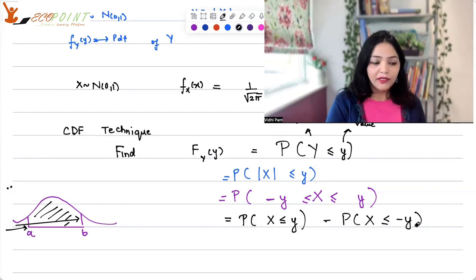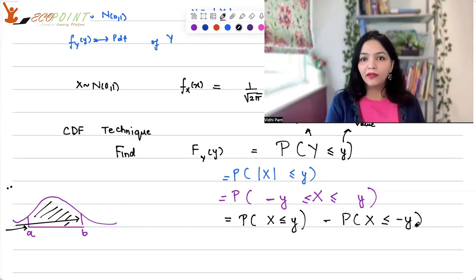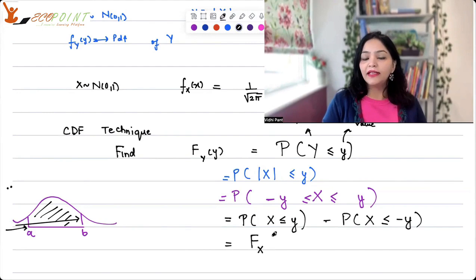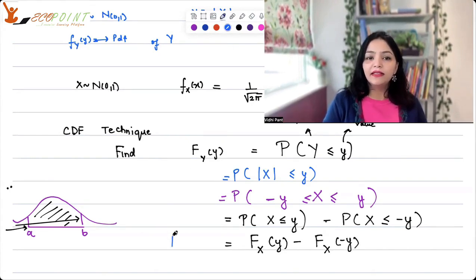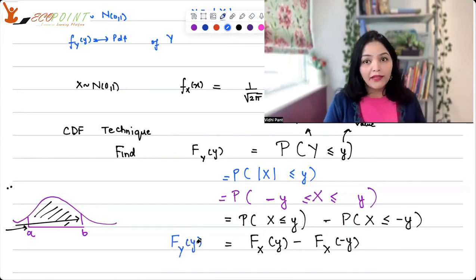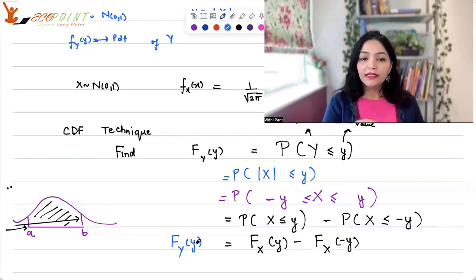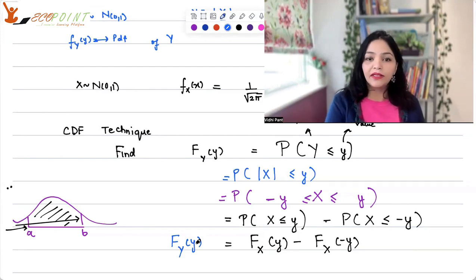Well, the probability of a random variable less than or equal to a value is basically its CDF, right, for that value. तो इसका मतलब हमारे पास यहाँ क्या आ गया? हमारे पास आ गया capital Fx for the value y minus capital Fx for the value minus y. ठीक है? सो हमारे पास बेसिकली आ गया capital FY, the CDF of Y for the value y, in terms of CDFs of X. It's basically capital Fx for the value y minus capital Fx for the value minus y.